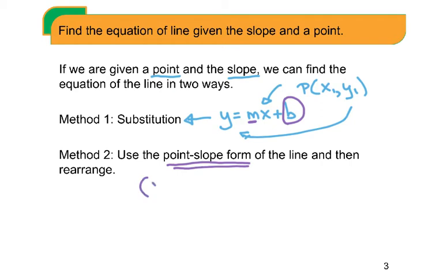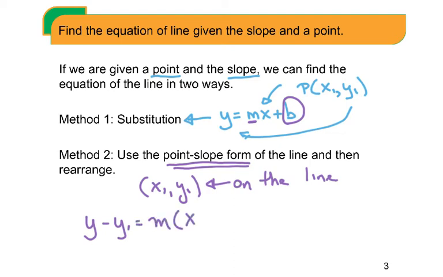If you know that (x1, y1) is some point on the line, we have this equation, y minus y1 equals the slope times x minus x1. Then we plug in the numbers, and work everything out. Eventually you rearrange, so you're left with y equals mx plus b.